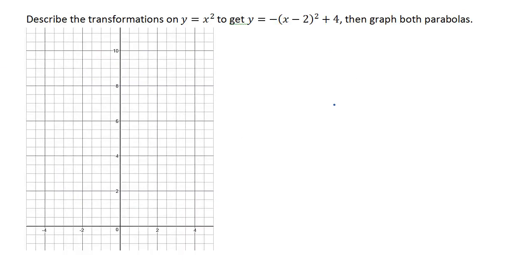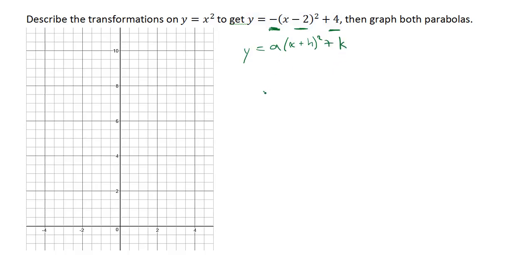Now, in this example, it says describe the transformations on y equals x squared to get y equals -(x minus 2) squared plus 4. So we're going to have to look at this, break it up into 3 parts. We've got this first part right here, the second part, and this third part. Now remember, our general equation is y equals a(x plus h) squared plus k.